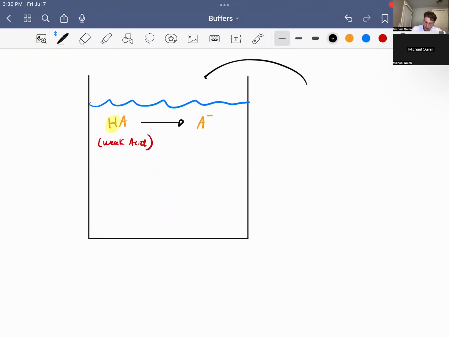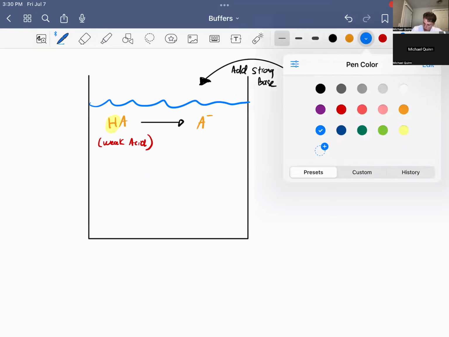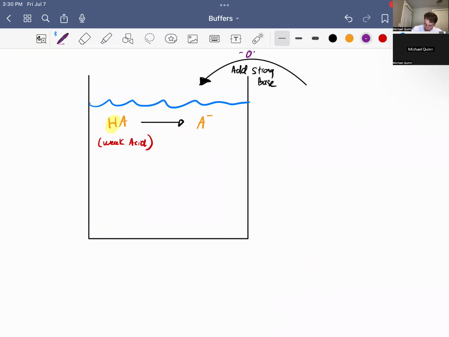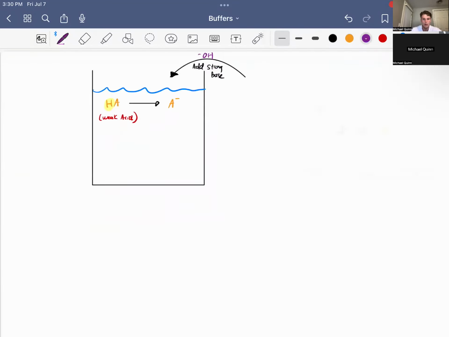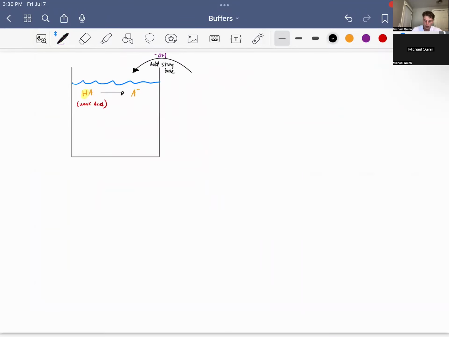So we can assume we're going to add strong base. Let's pick OH minus, hydroxide, to add in. So what we can do is track the pH of this buffer solution over time using a titration curve.